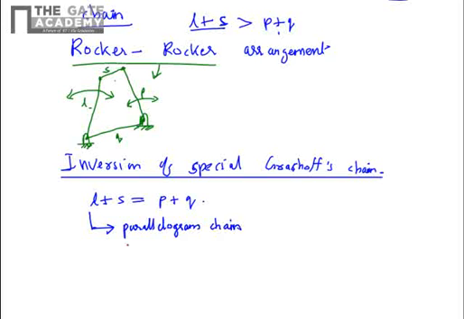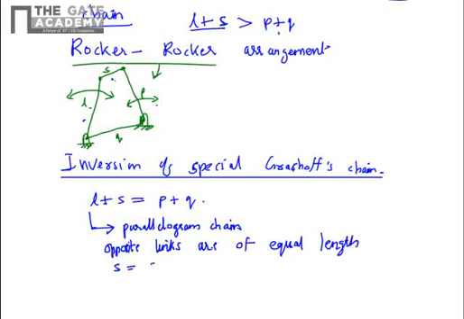In this case, if you see this diagram, link Q is opposite to link S and L is opposite to P. The opposite links are of equal length.